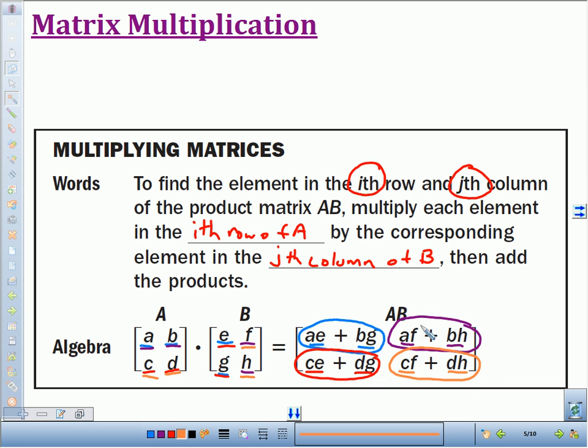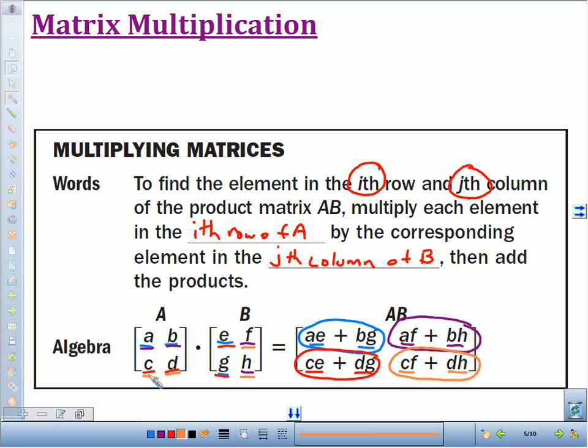So let's take a step back and look very carefully at what we've just done. I've multiplied all of the elements in the first row of the A matrix by the first column of the B matrix, and I added the two together. I multiplied everything in the first row of the A matrix by everything in the second column of the B matrix.